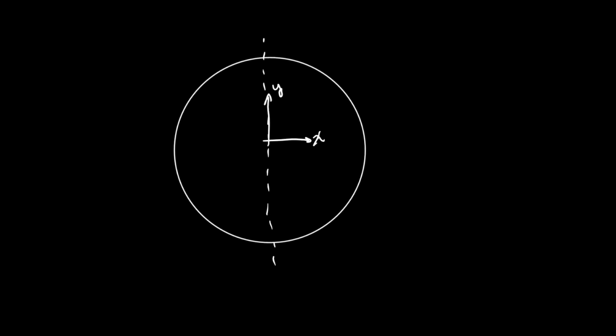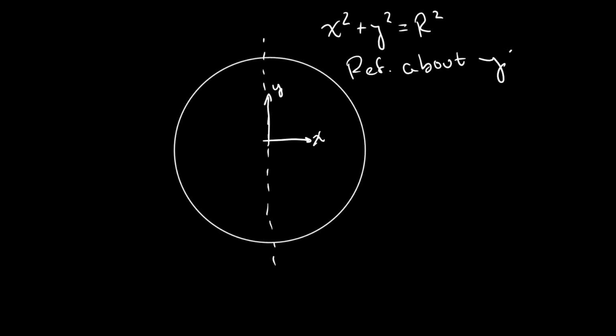If I were to reflect about this y-axis, I'll just write down the equation again. Reflecting about y just means that I take x to minus x. Any value of x just gets mapped to its negative value.